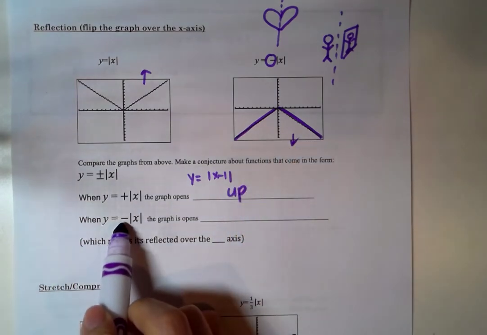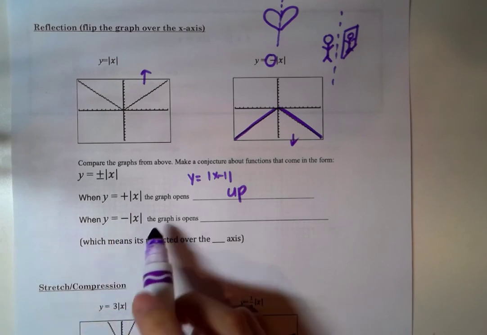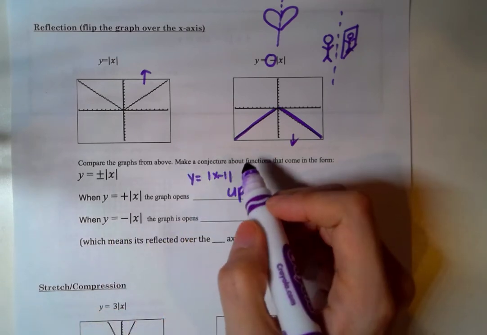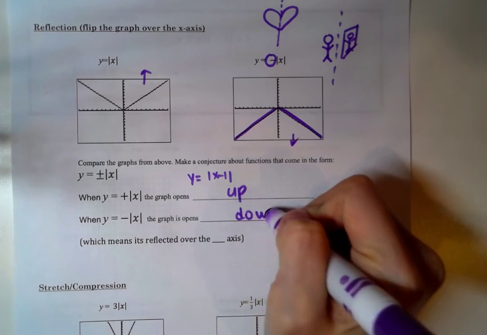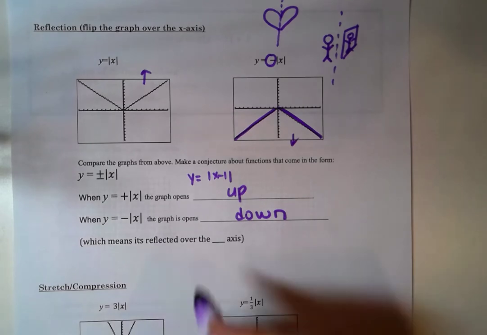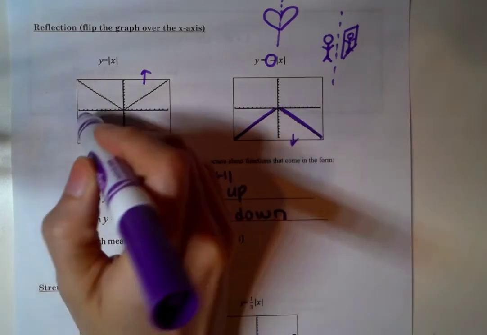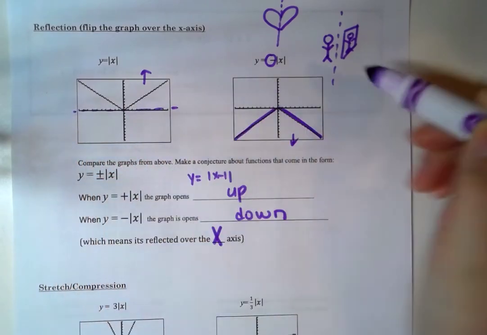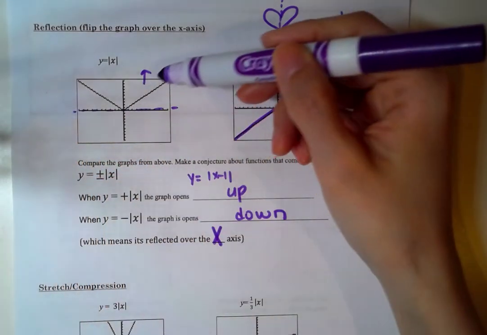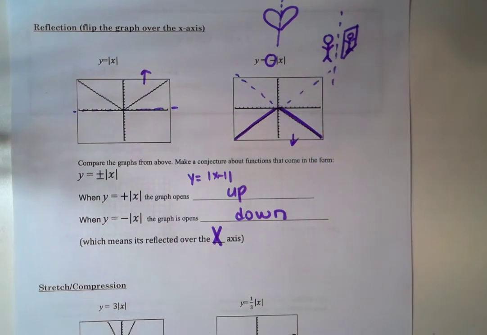And if you have a negative sign like this in front of the absolute value, then the graph opens down. Okay, which means it's reflected over the x-axis. Okay, so here's your x-axis, and then when you get negative, you just flipped, right? That's my original function.